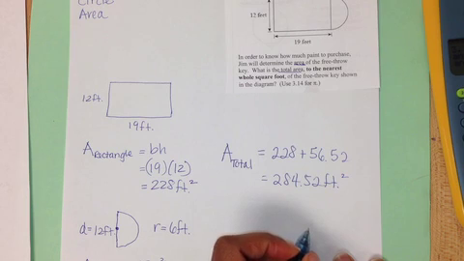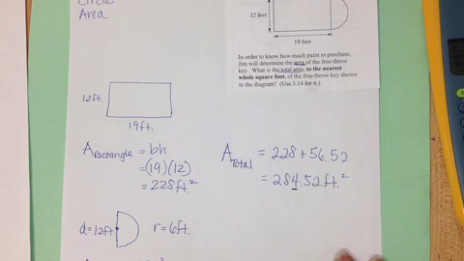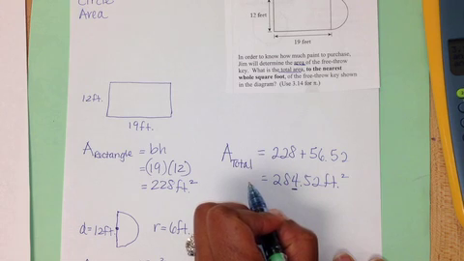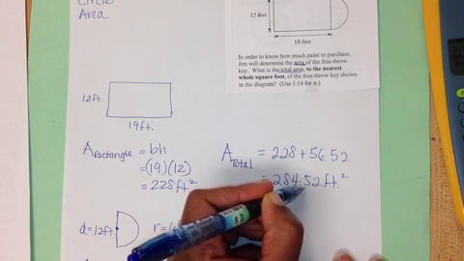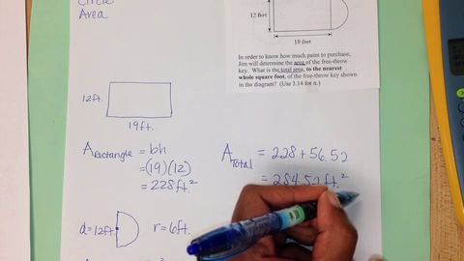If we're looking at the nearest whole foot, I'm looking at my ones place, which is the 4. Anything to the left of the decimal represents whole numbers. Anything to the right of the decimal represents less than the whole number.